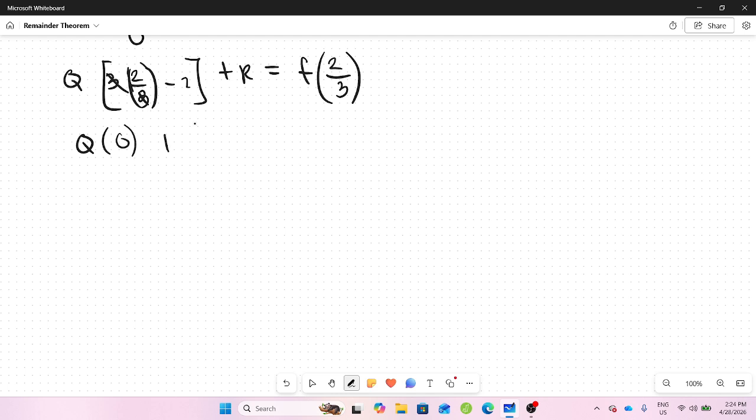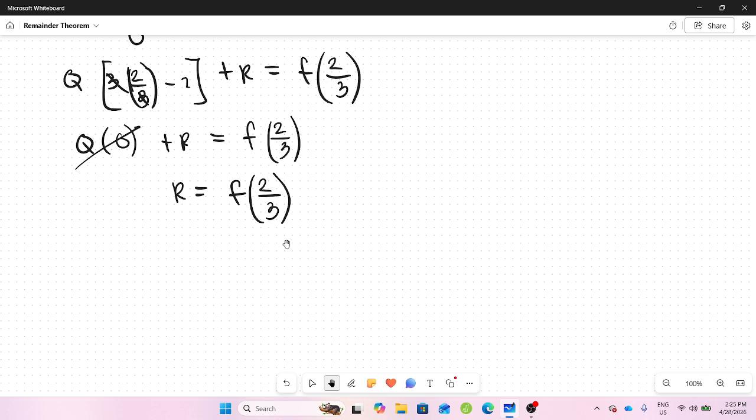So 0 plus r equals f of 2/3, and what's left is that 0 times any number is 0. So our remainder can be found by this equation, the function substituted by x is equal to 2/3.